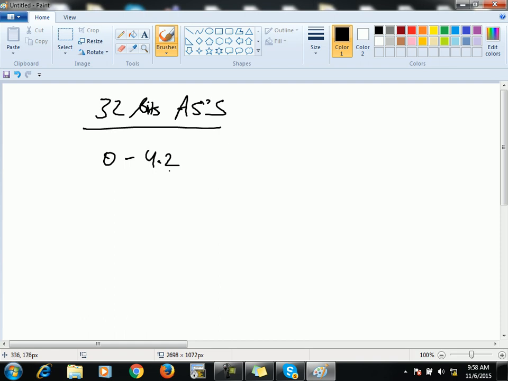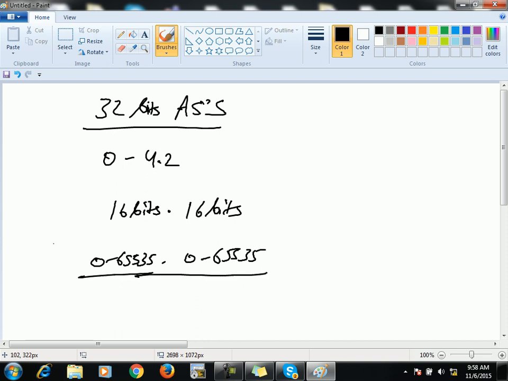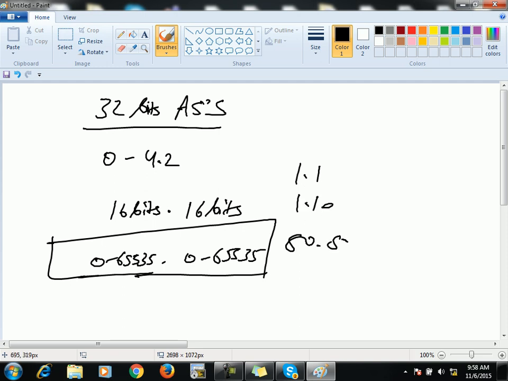And you can also represent your AS in this format, 16 bits dot 16 bits, like 0 to 65535 dot 0 to 65535, such as 1.1, 1.10 or 50.50.